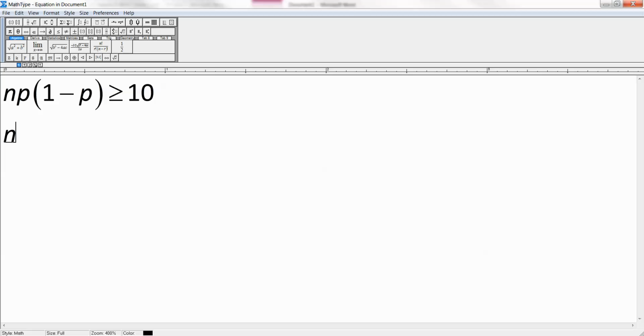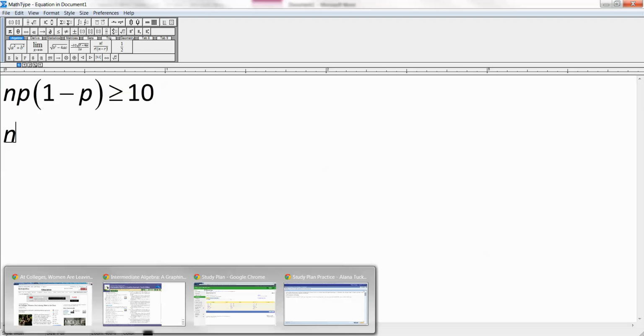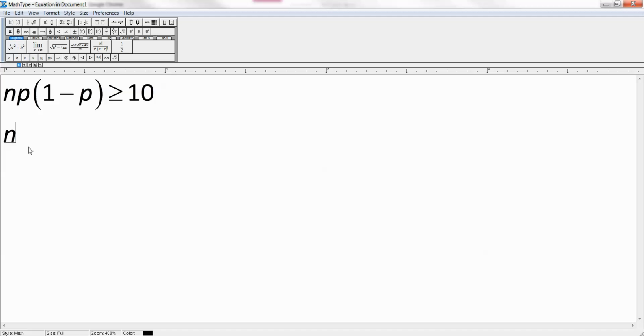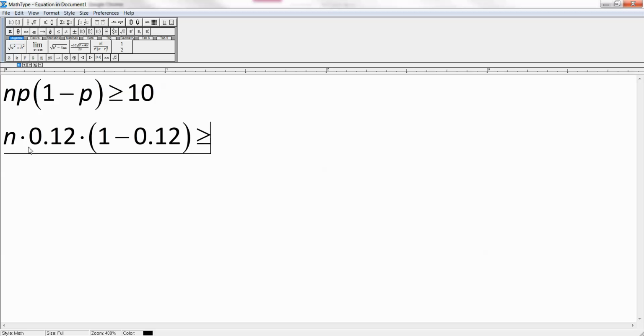We don't know what n is, but we do know what p is because they gave it to us. p is 0.12. So it's n times 0.12 times 1 minus 0.12, and that has to be greater than or equal to 10.